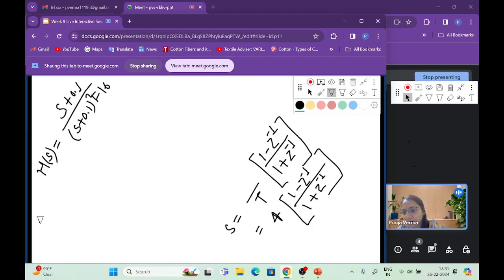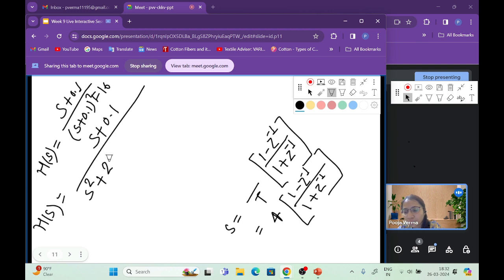Now open this here also, in order to put the value of s: 0.1 divided by s square plus 0.2 s, that is 2ab, then 0.01 plus 16.